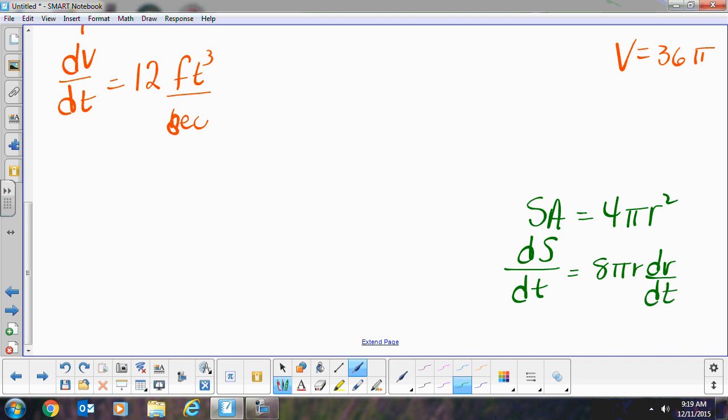So now it says we're to find how fast the surface area is increasing. This is what I want. And what don't I have? I don't know R, and I don't know dr over dt. So, someone suggest how I find R.